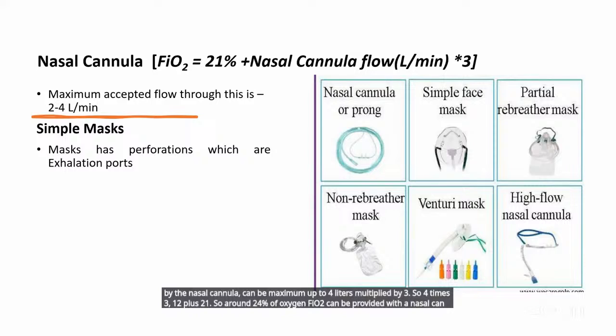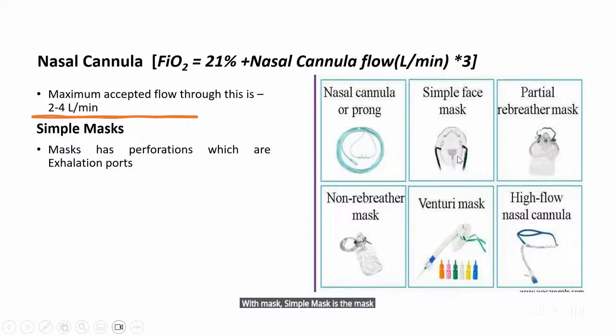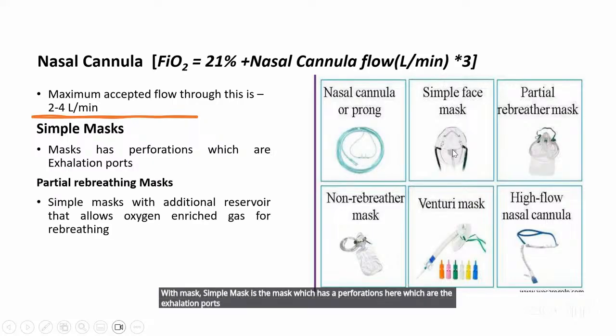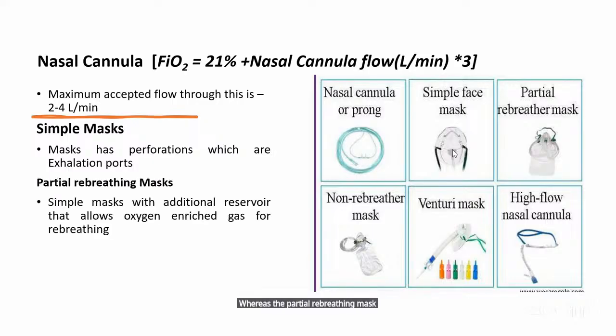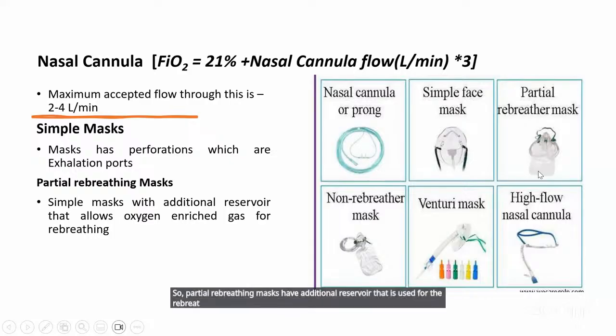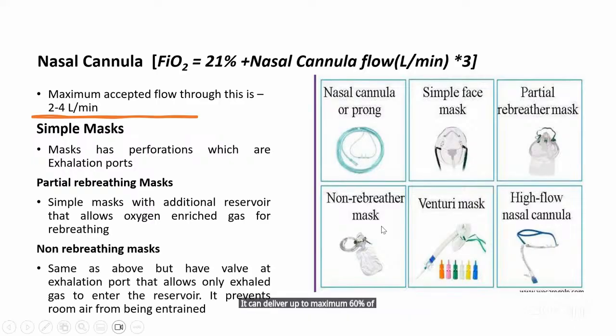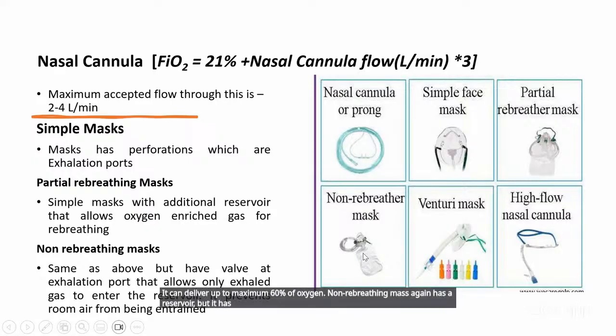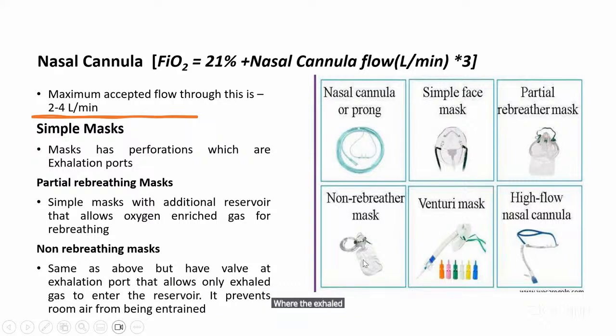A simple mask is the mask which has perforations, which are the exhalation ports, whereas partial rebreathing masks have an additional reservoir used for rebreathing, which is oxygen-enriched gas. It can deliver up to a maximum of 60% oxygen. A non-rebreathing mask again has a reservoir, but it has a valve at the exhalation port, where the exhaled gas is entrained.